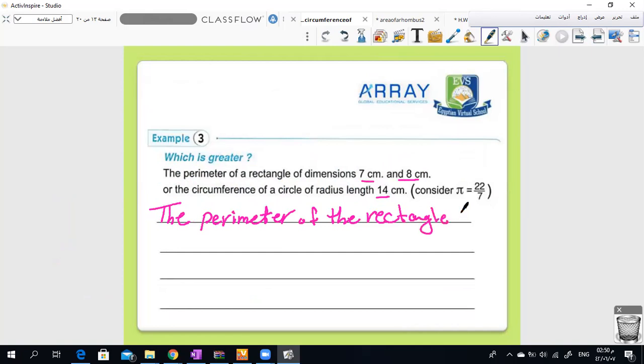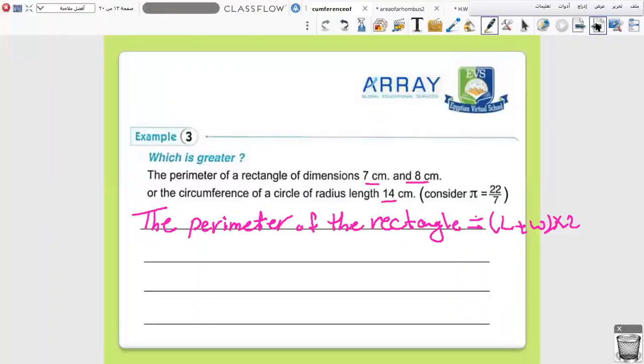The rule is length plus width times 2, equals 7 plus 8 times 2. It's 15 times 2 equals 30 centimeters.